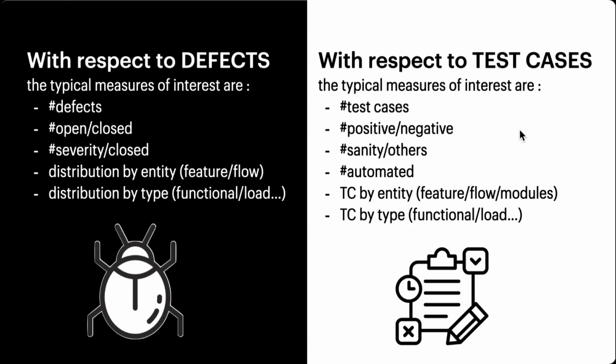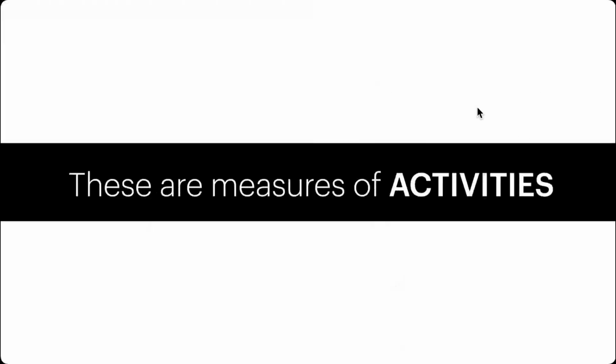But keeping the larger picture in mind, these are some of the measures from which we derive information related to test cases. Now, these relate to the activity characteristics which give us some notion of how we are progressing.